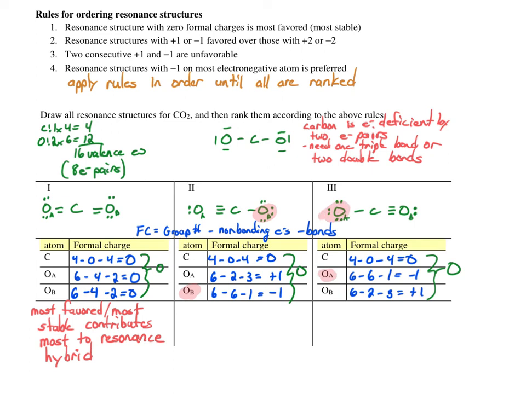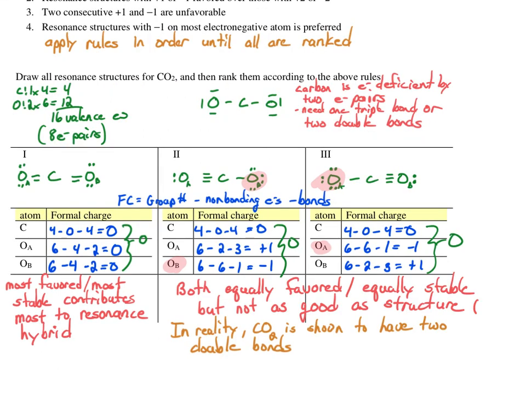There's no difference between oxygen atoms. Both structures 2 and 3 are of equal stability, but they're not as good as structure 1. In reality, CO2 is shown to have essentially no contribution from resonance structures 2 or 3, but has 2 double bonds.